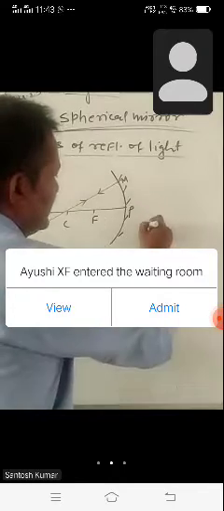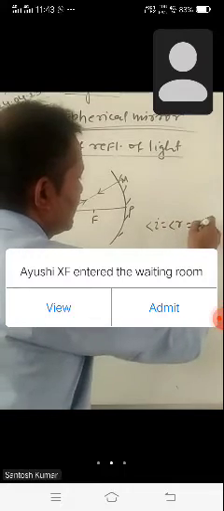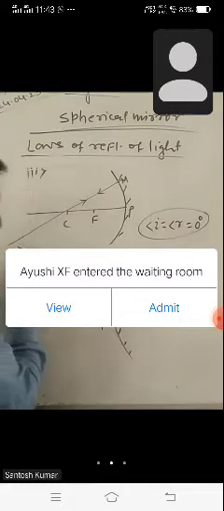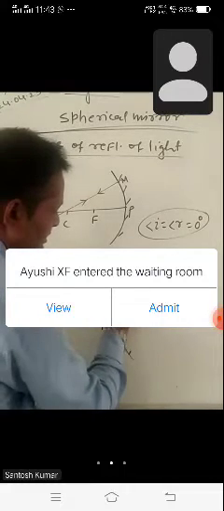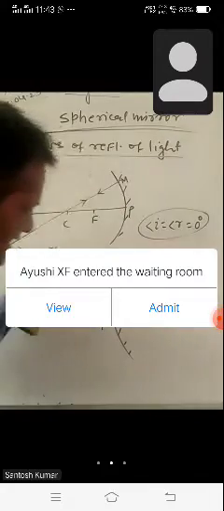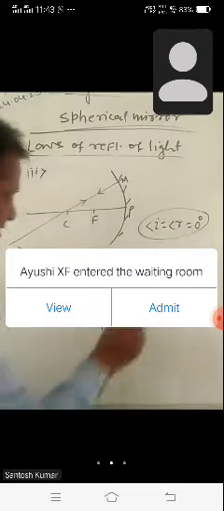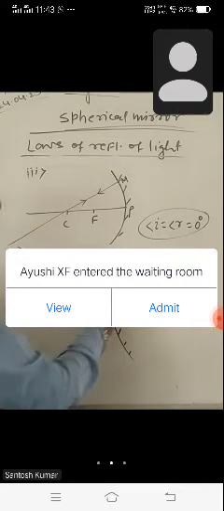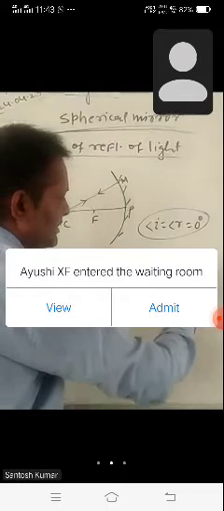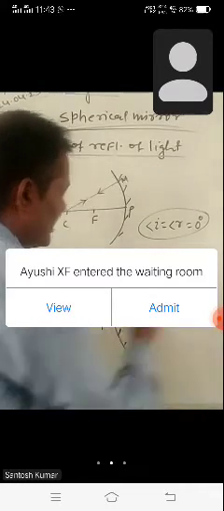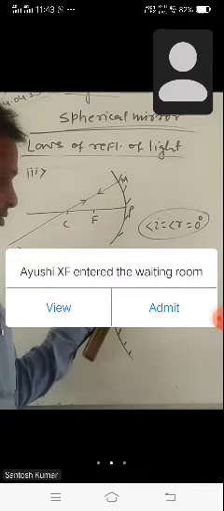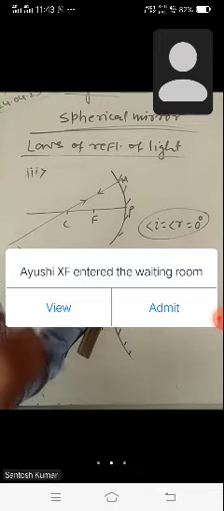I am writing here angle I is equal to angle R. Now here you need to pass through C. This light ray is just appearing to move towards C. It will simply reflect like this, and this is the point of incidence. So once again, angle I equals angle R equals 0 degrees, because this light ray is the incident ray as well as the normal.